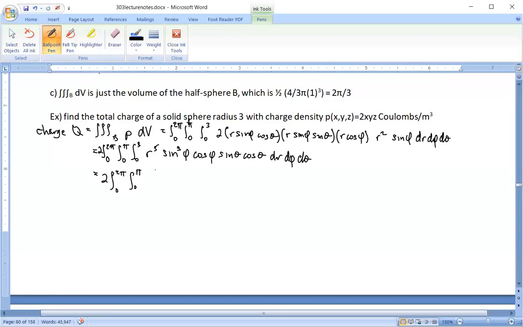Let's do the integral dr. I'm going to keep the trig functions, the phis and the thetas. So integrating the r bit, that's all a constant relative to r. You just get r to the 6th over 6, and plugging in as r goes from 0 to 3.